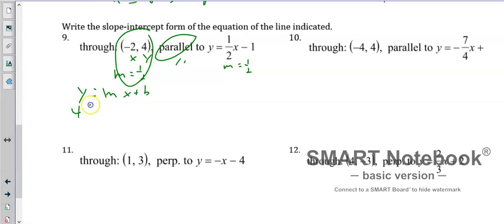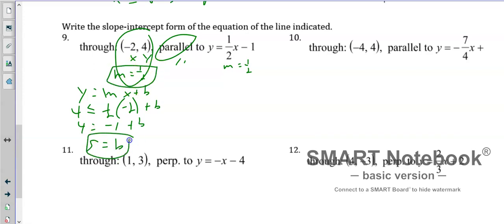Y is 4, m is 1/2, x is -2 plus b. Half of -2 is -1. Add 1 to both sides, and I have my b. Since I have my slope and I have my intercept, I'm basically done. 1/2 x plus 5.